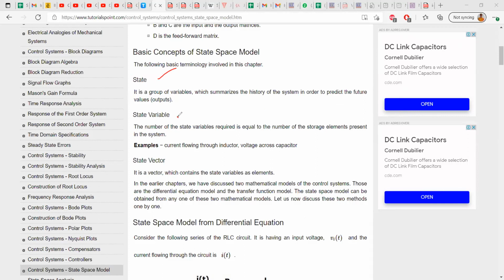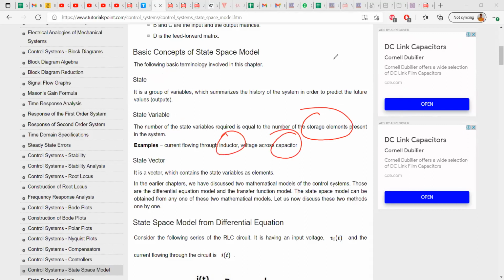What is a state variable? The number of state variables required is equal to the number of storage elements present in the system. If you take the electrical system, what are the storage elements we have? Inductor and capacitor.